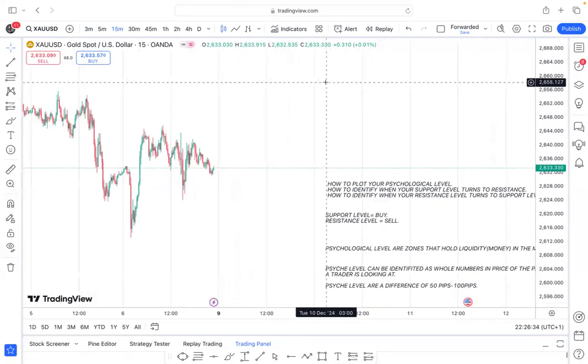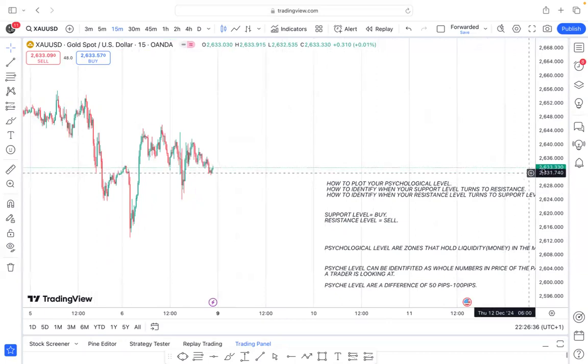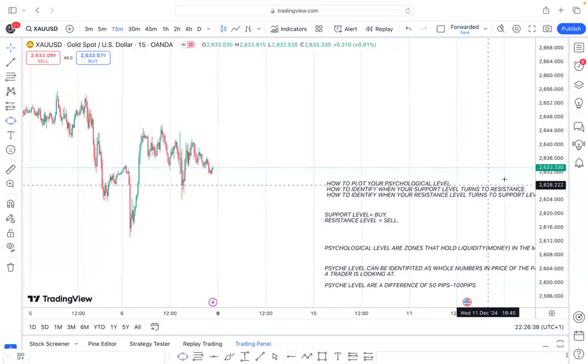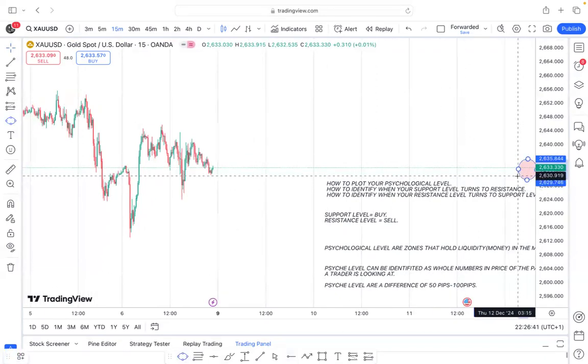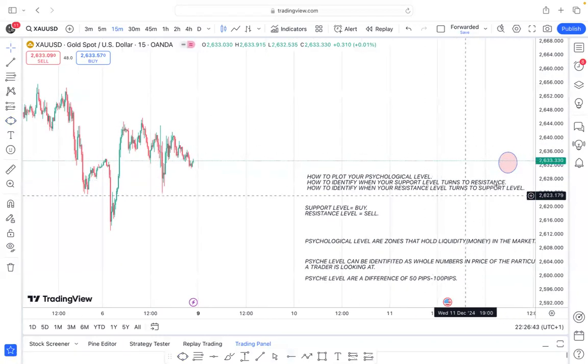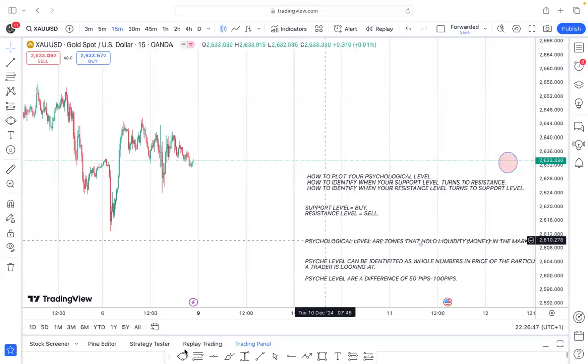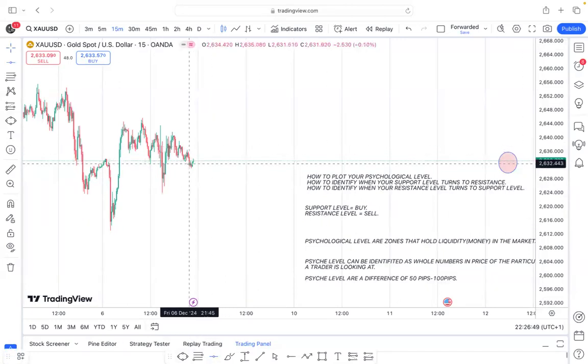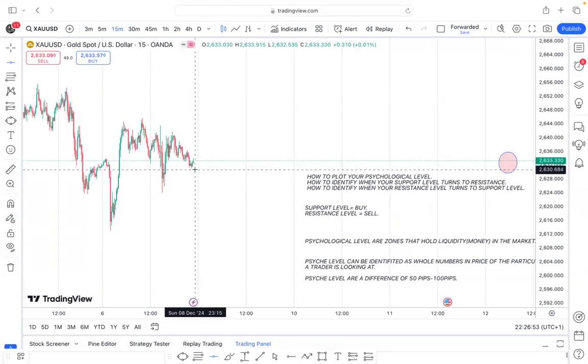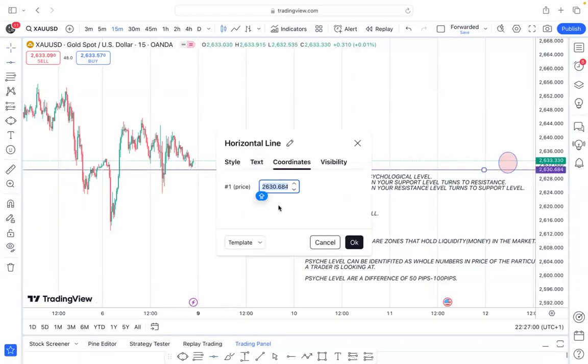So we see here on the right-hand side the current price that we have there is 2633.30. If you go and check the previous video, I talked about how to calculate pips for every currency pair.